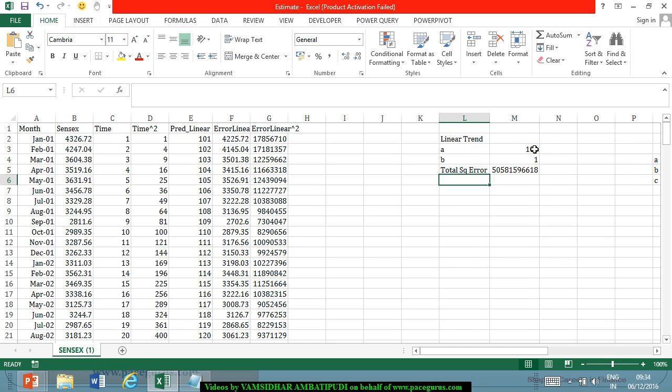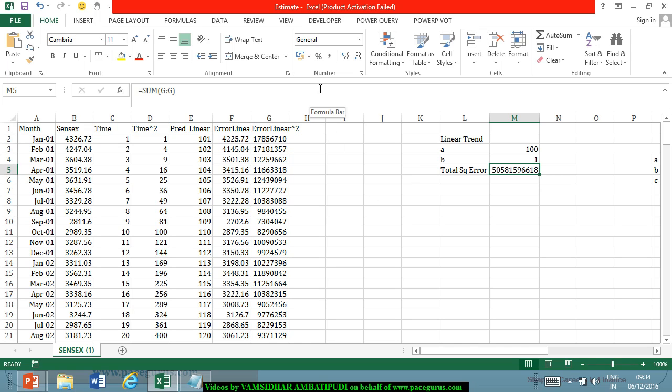I want to change the values of a and b, those are the estimated values. I want to estimate the values of a and b in such a way that this error is the minimum most possible. I can use various mechanisms to do that.